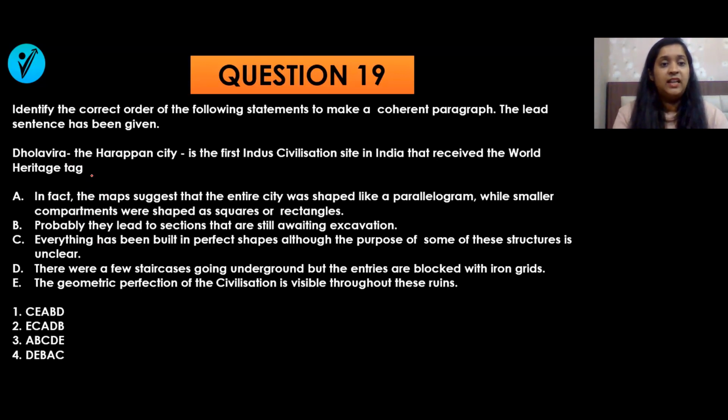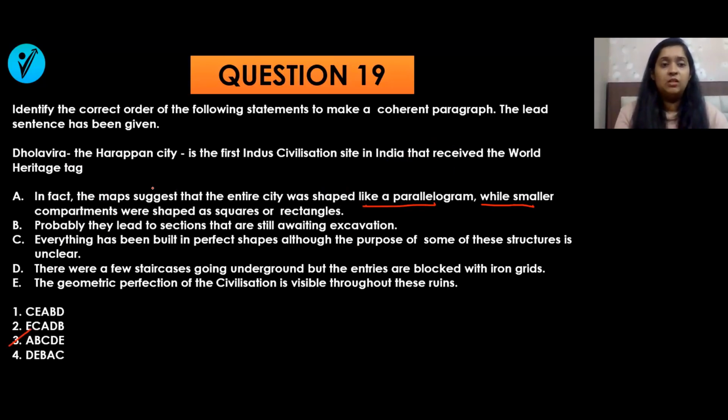So what is it? In fact, the map suggests that the entire city was shaped like a parallelogram while smaller compartments were shaped as squares or rectangles. So we are directly talking about shape after it receiving the World Heritage tag. So it does not really make sense. So I can actually eliminate option 3.